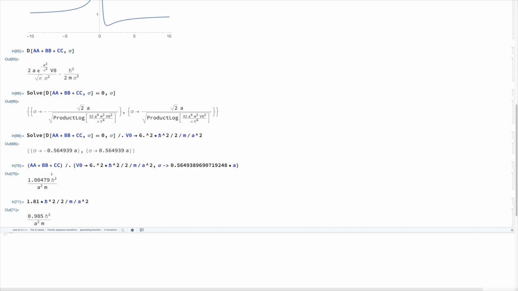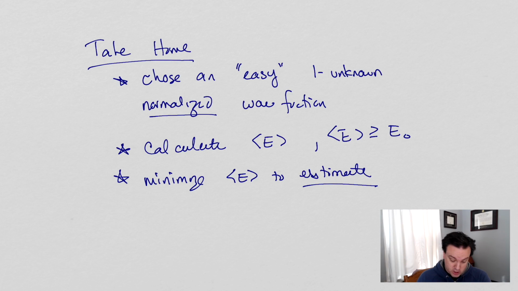But 10% isn't really terrible when it comes to trying to estimate, for example, what your experimental parameters have to be, or get an order of magnitude estimate for what size laser you need in order to make a transition like this. So anyway, it's a good example of how to get close to the ground state energy, even though we know that we're never going to hit it unless we somehow guess exactly the perfect ground state wave function. That did a pretty good job.